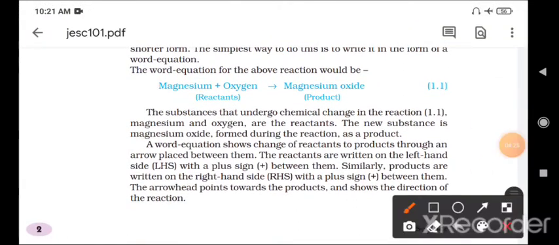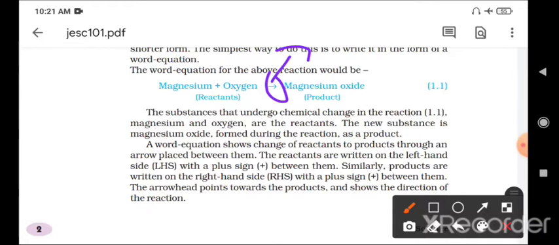A word equation shows a change of reactant to product through an arrow placed between them. This is called the arrow. The reactants react with each other, and the product that is formed is indicated by the arrow mark.